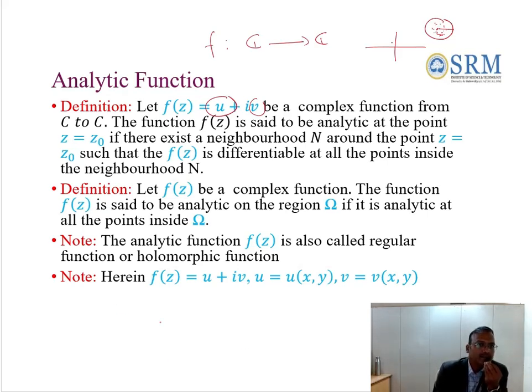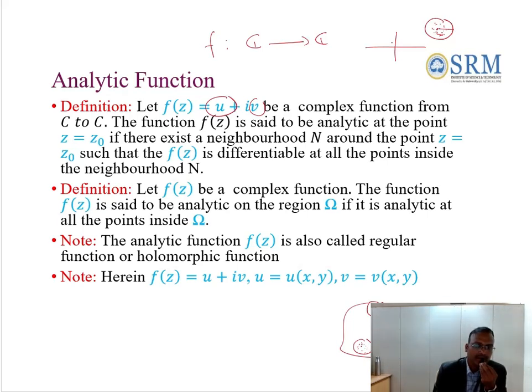Second definition, the function is analytic on the region D. For example, we have the region like this. This is omega. If you want to say the function is analytic on this region, it means if I take any point in this region, then we can find a neighborhood around this point in which the function is differentiable. For example, if I take another point here, then we can find a neighborhood around this point at which the function is differentiable at all the points inside this neighborhood.